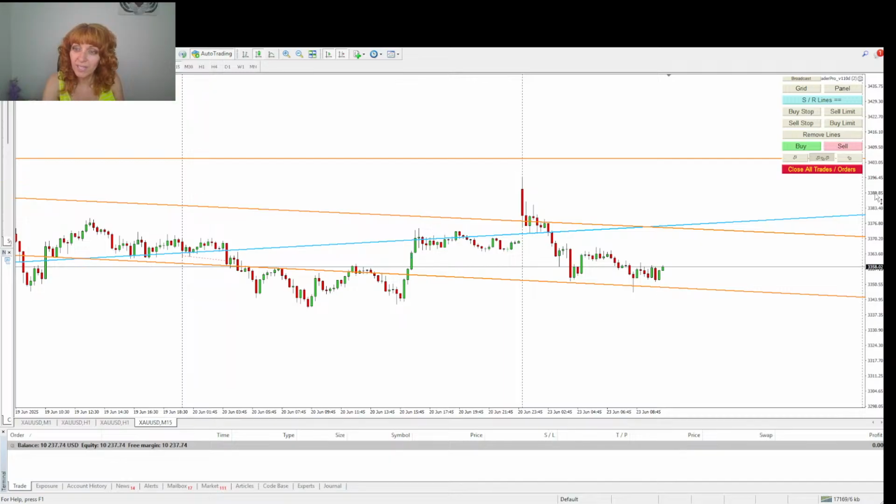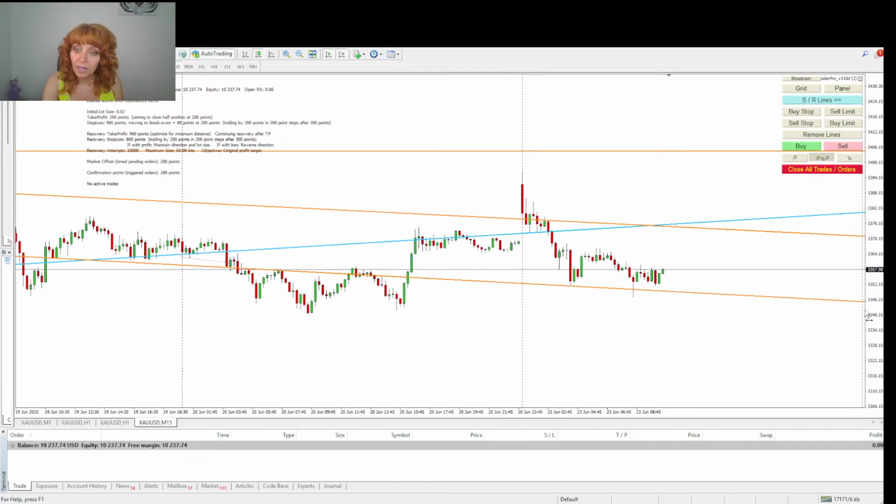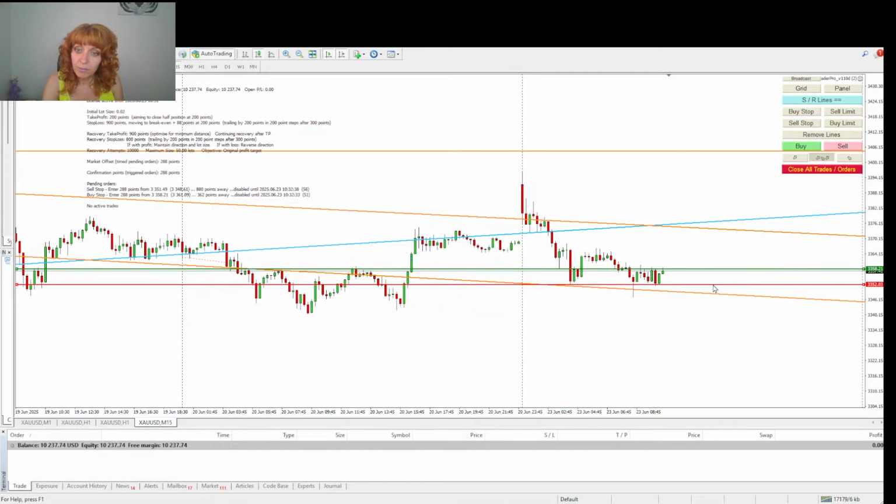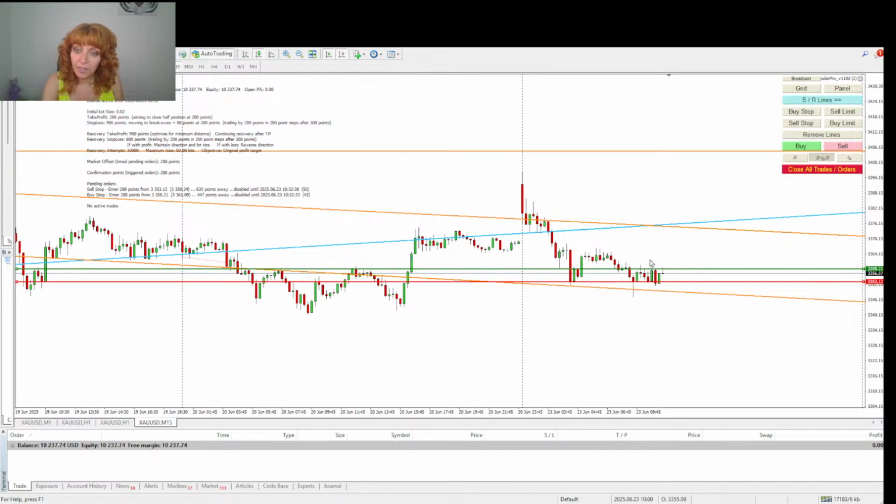You see, for example, without indicators, I'm only using the EA, placing the buy stop pending order and sell stop. This is how I place my orders, guys. You see, these are the levels again. I look for consolidation or any patterns, and then I create this type of channel.